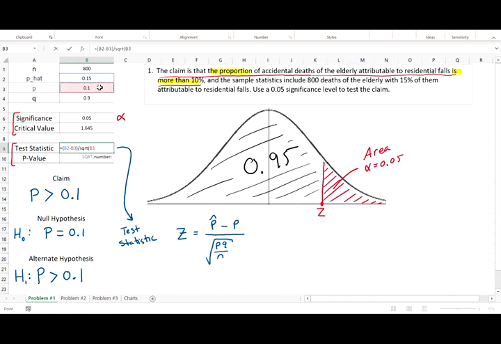So here's the p times the q, which is here in B4, divided by the n, which is the 800, which is right here. Now you could type the numbers in directly if you want. I prefer not to. I'd like to use the locations of the numbers. Okay, so there's our test statistic.